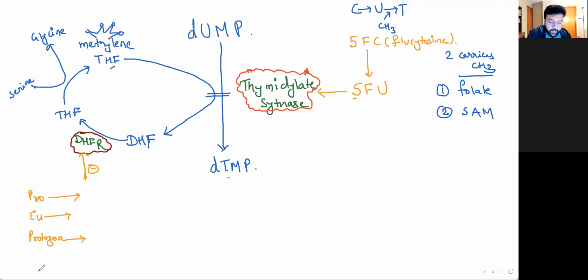Methotrexate. We are using methotrexate in rheumatoid arthritis, but that has to be eukaryotic. So methotrexate is a drug which can block eukaryotic dihydrofolate reductase. Write methotrexate here.